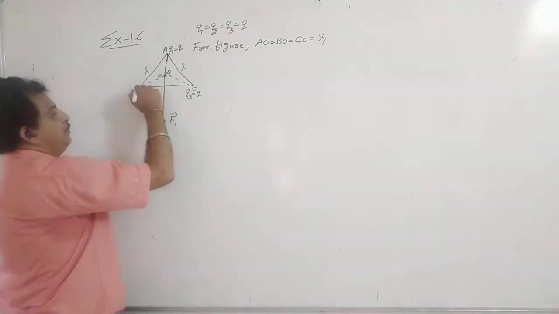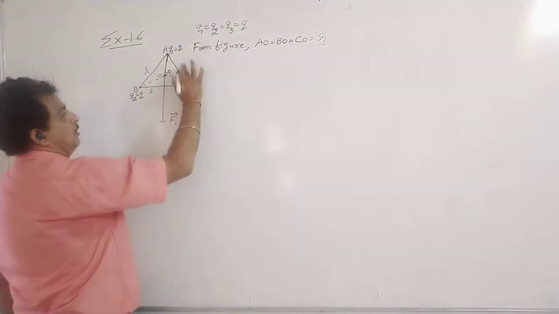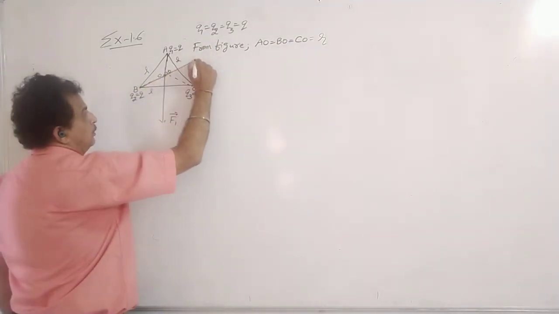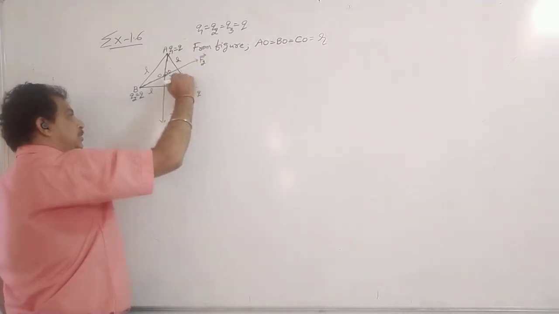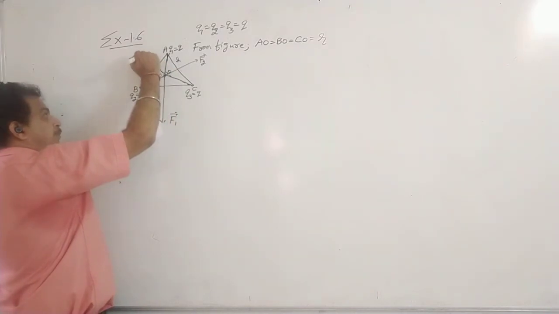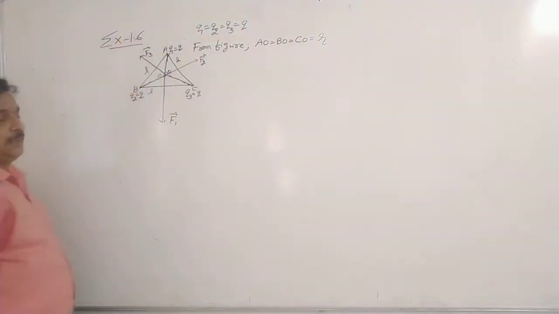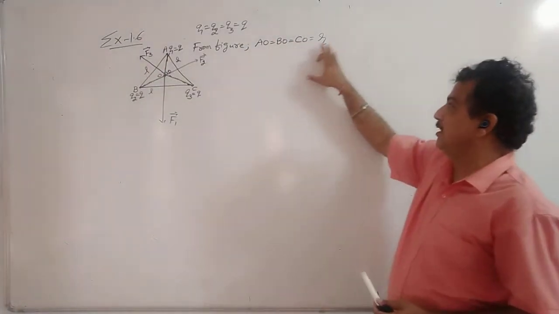Similarly, the charge at vertex B will repel this charge also, so I denote it by F2. Similarly, the charge on C will repel capital Q at the centroid. We name it F3. So the first step was, from the geometry we found the distance, and we have given it r.